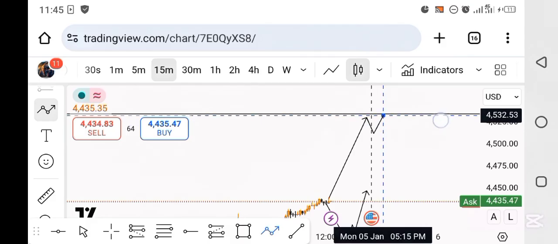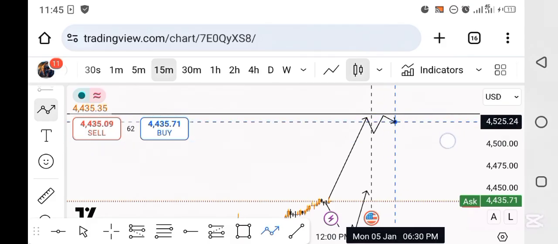I won't wait for a tweezer bottom because this market is strongly bullish, so I want it to create structure. I want it to create similar structure down here, break it, and retest, then sell. Just similar structure down there. So that's actually what I'll be watching out for.